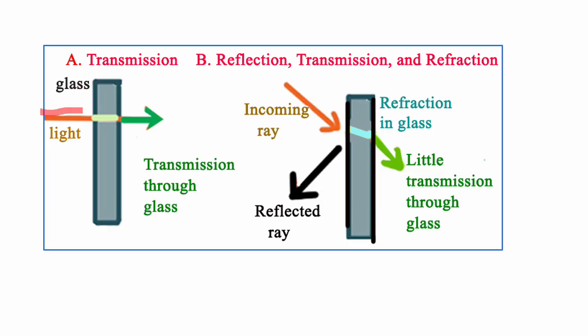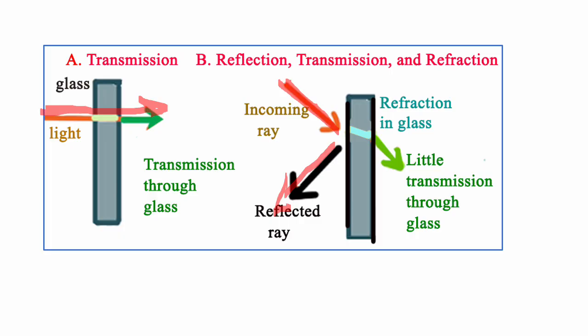When light hits glass at a perpendicular angle, it is transmitted through. If you want to look out a window, you have to get directly in front of the window. However, if light hits the glass at an angle, the glass starts acting as a mirror and you see the reflected rays.